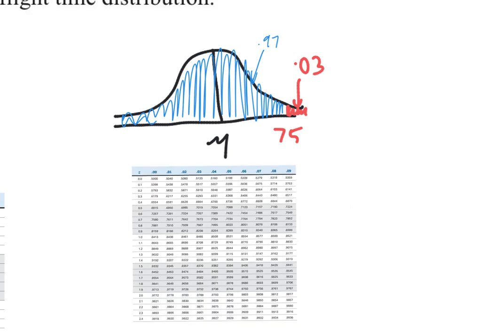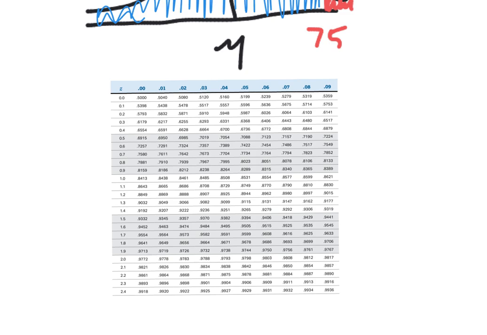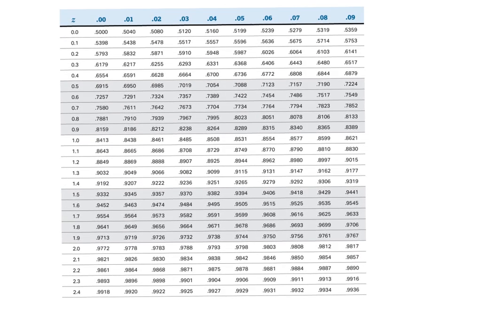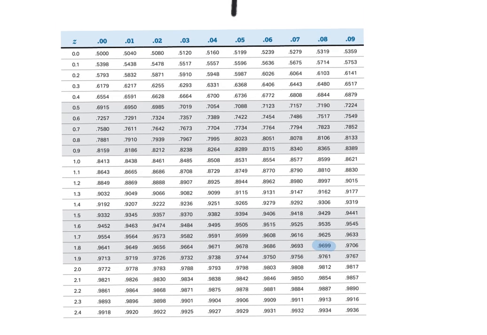Okay, so let's scan for 0.97. It looks like that for sure, 0.9699. That's 1.88.